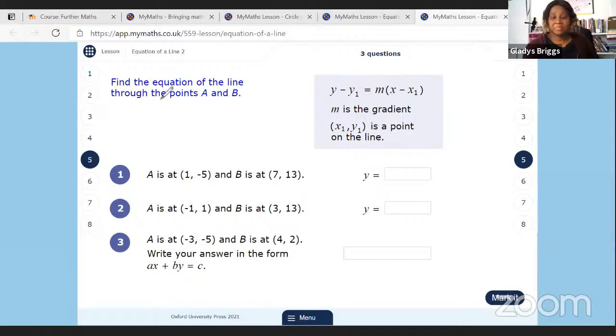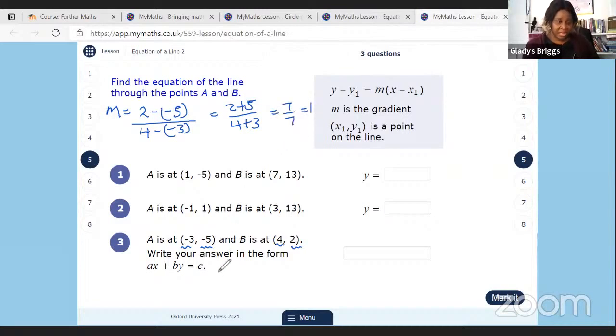So m would be equal to y2 minus y1, 2 minus negative 5, over x2 minus x1, 4 minus negative 3. This is 2 plus 5 over 4 plus 3. 7 over 7, 1. Yeah?